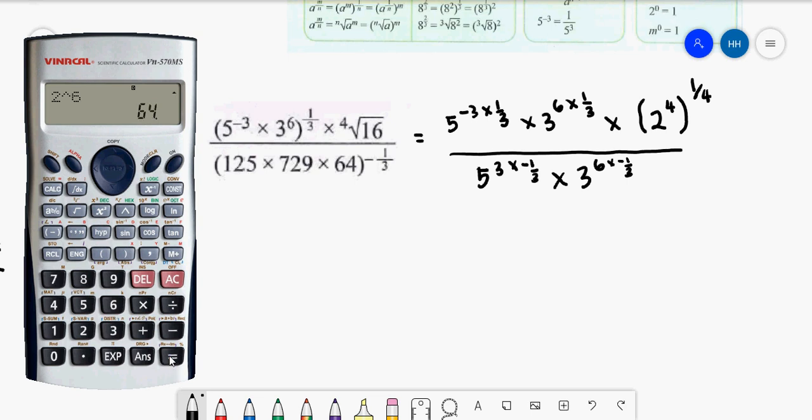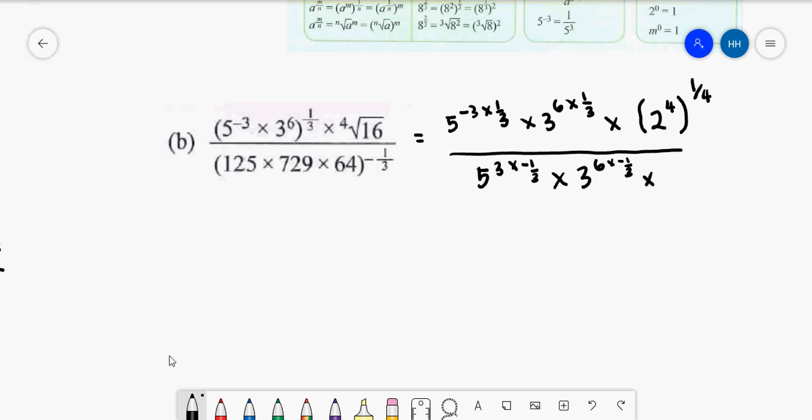So this is 2 to the power of 6 times negative 1 over 3. So you can see that for the denominator, all numbers inside bracket, I must power with the index outside the bracket here. So all I multiply with negative 1 over 3, but I simplify the number to a smaller base.